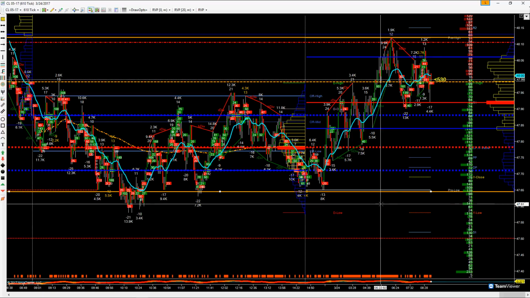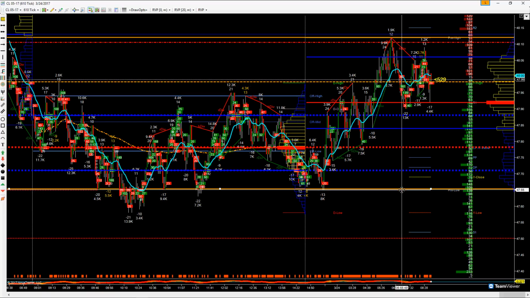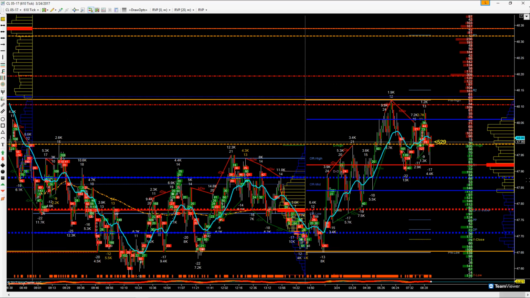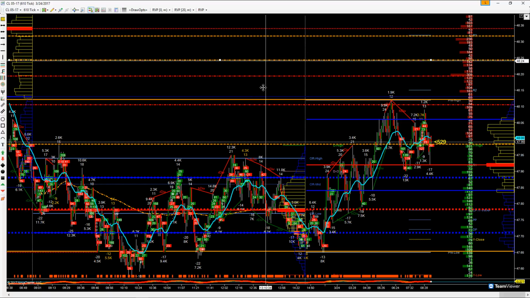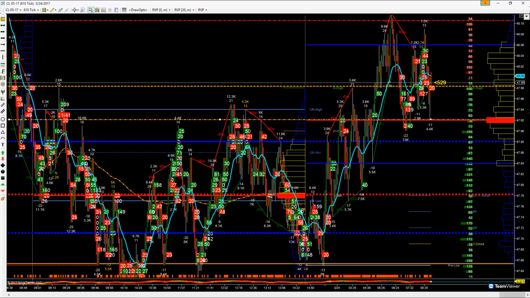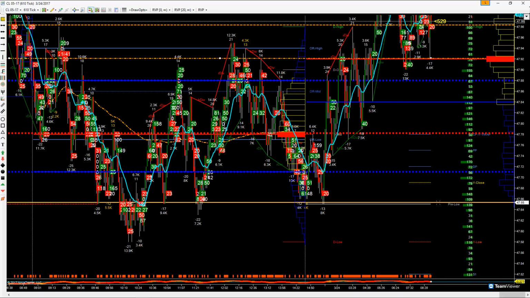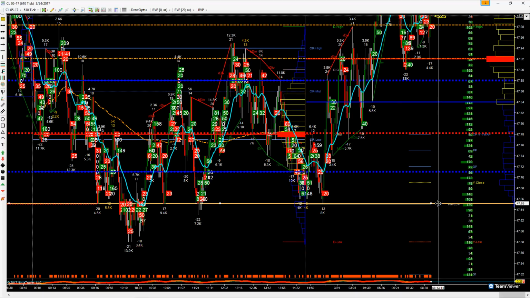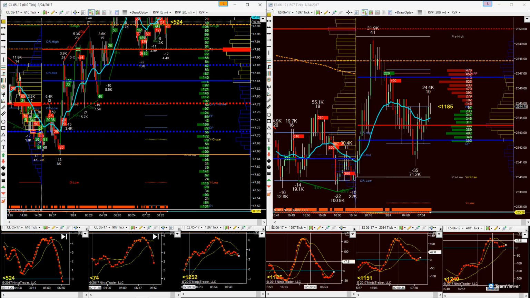And we need overnight VPOC, which I think is above us. Yeah, should be above us somewhere. Right on here. There we go. And that's going to go to overnight VPOC. All right. Let's just fine tune this overnight low here. All right, so everything is in place where it needs to be there.